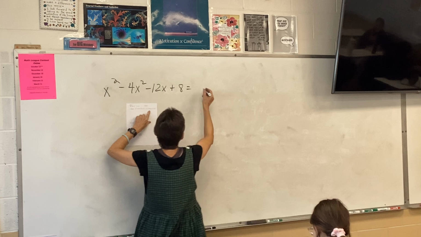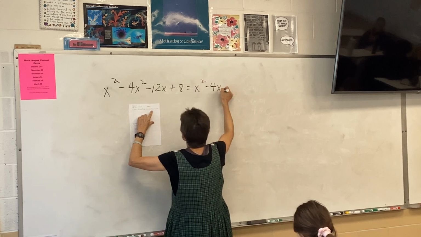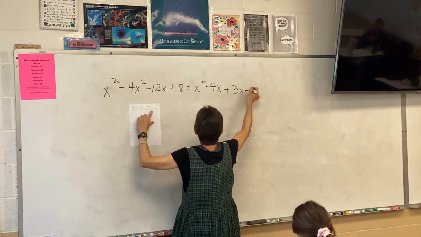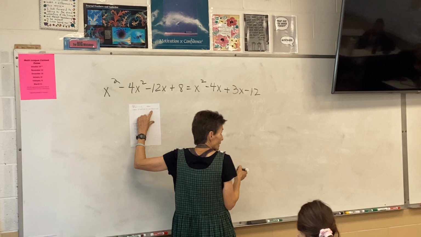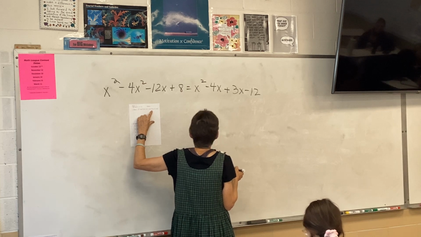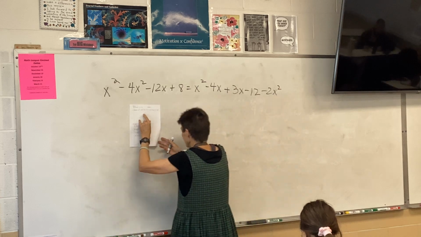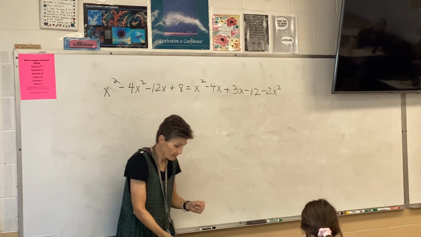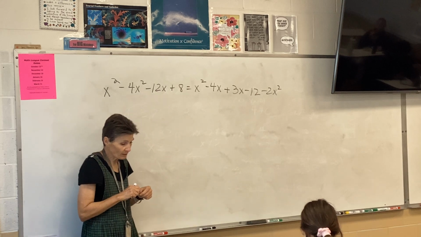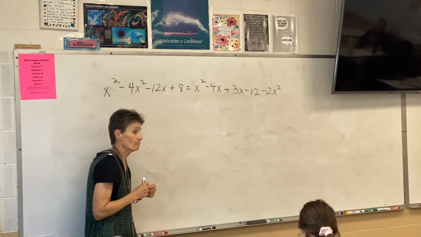All right, what am I going to do on this side? I'm going to FOIL. What does FOIL stand for? First, outside, inside, last. You've done it for years, you can do that. So I distributed on the left and FOILed on the right. Now what should I do?